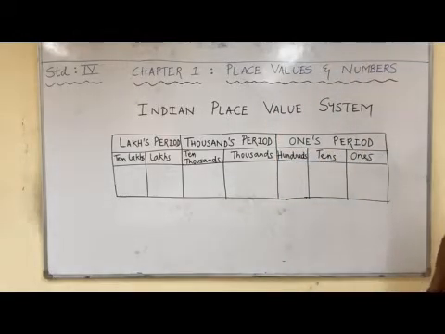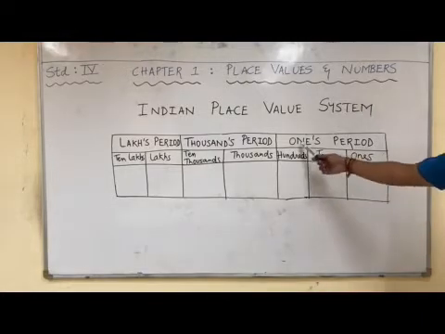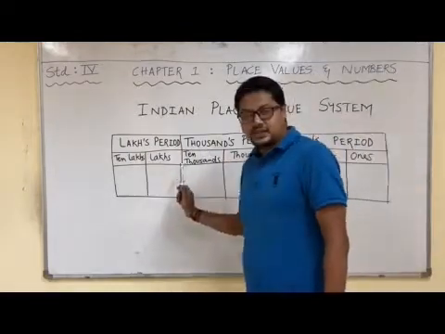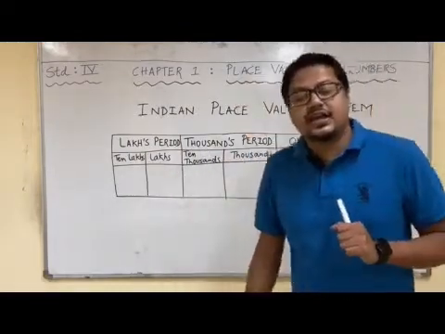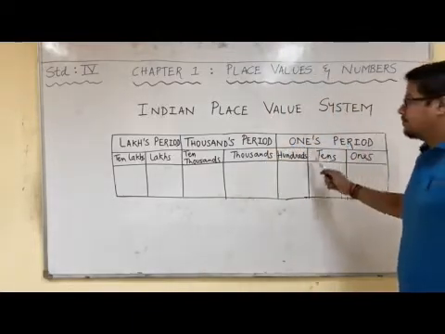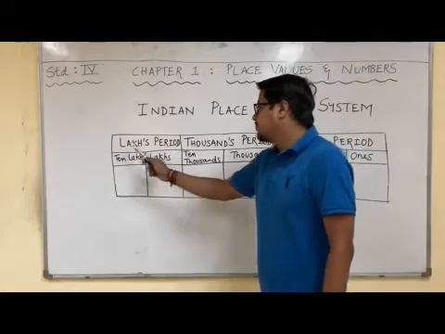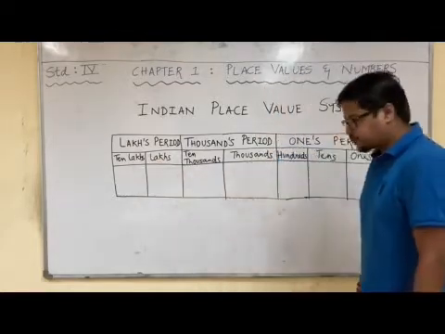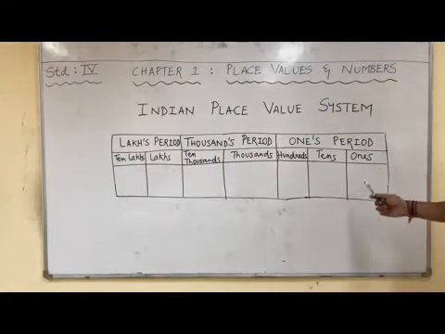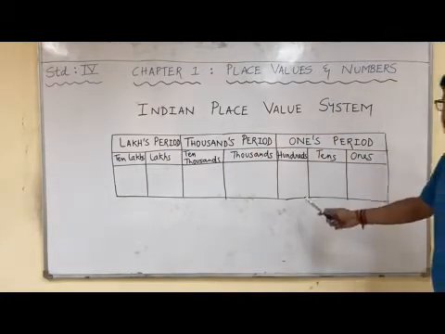In the Indian place value chart, students, there are 3 periods as you can see: ones period, thousands period, lakhs period. In the ones period, there are 3 places: ones, tens, hundreds.